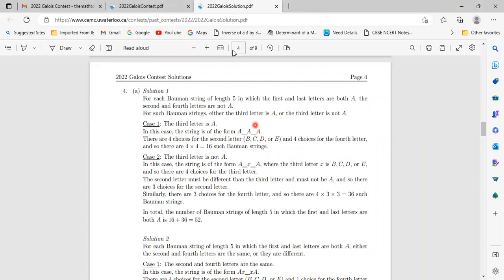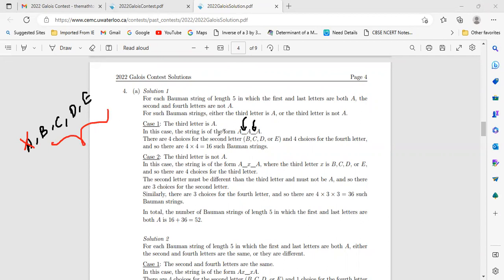So for the second letter and fourth letter, we do have 4 choices out of 5, right? In the first condition itself, they said we can use A, B, C, D, E, but we are not allowed to use A in the second position or the fourth position. So we do have 4 choices here.